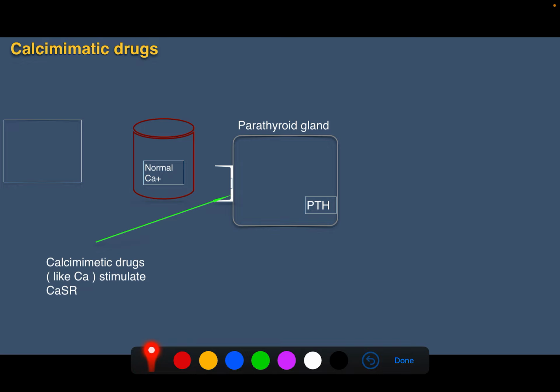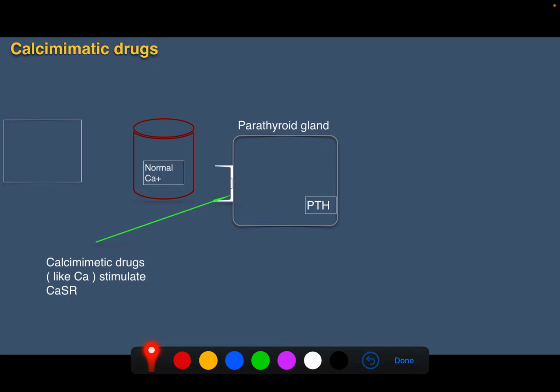So now what I can do is get a calcimimetic drug which can stimulate this receptor and decrease the release of PTH. We don't want PTH in blood because if it goes in blood, it will dissolve the bone and we don't want that in osteoporosis. So we have made calcimimetic drugs, which are calcium-like drugs because they stimulate the receptors which are stimulated by calcium. Done.